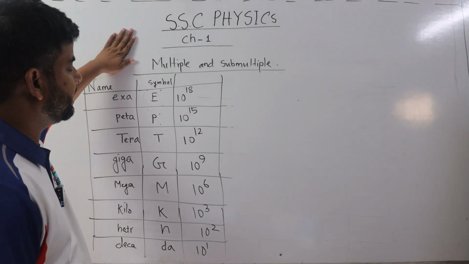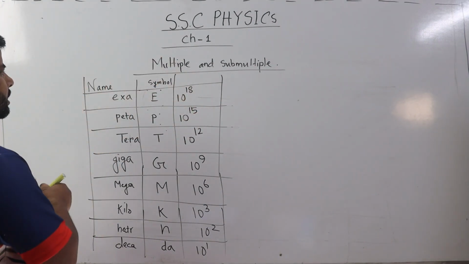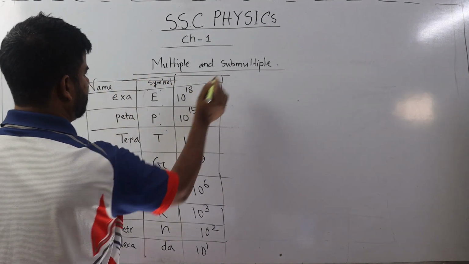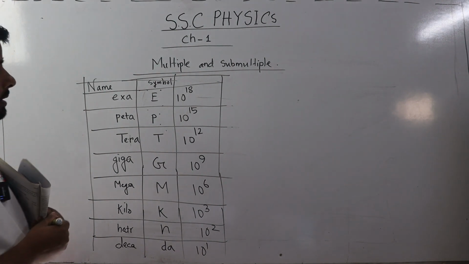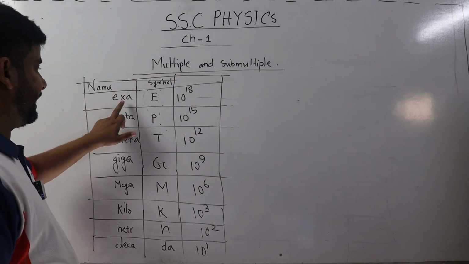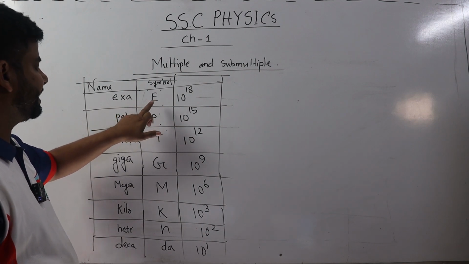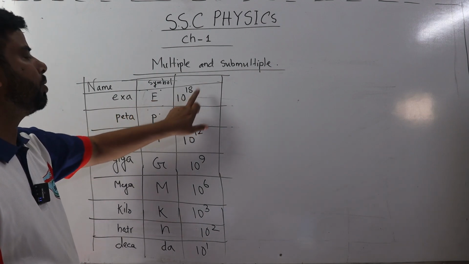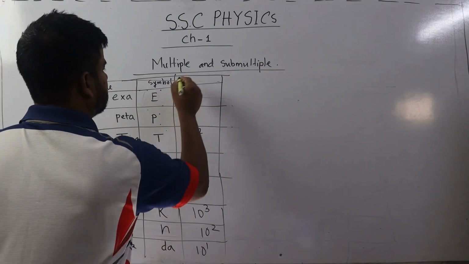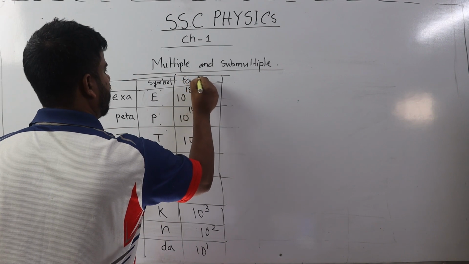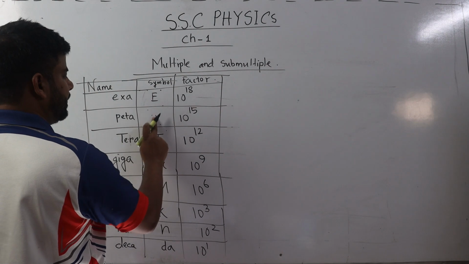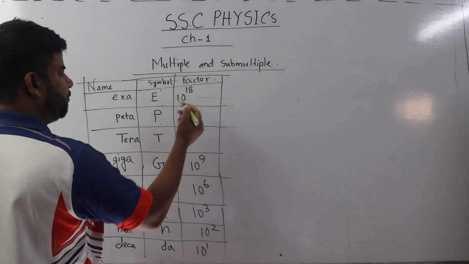Now multiples and submultiples. In physics and other branches of physical science, we use some multiples. Exa, symbol capital E, 10 to the power 18. That is the factor. Peta, capital P, 10 to the power 15.